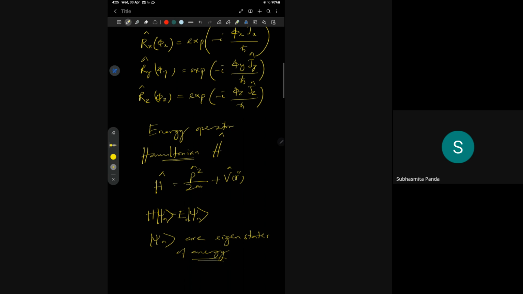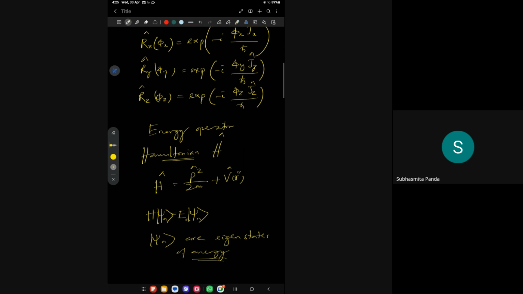And they are orthogonal to each other, right? The inner product of psi 1 and psi 2 would be equal to 0, and the norm of psi n squared will be equal to 1. So that's the property of state functions we have discussed.